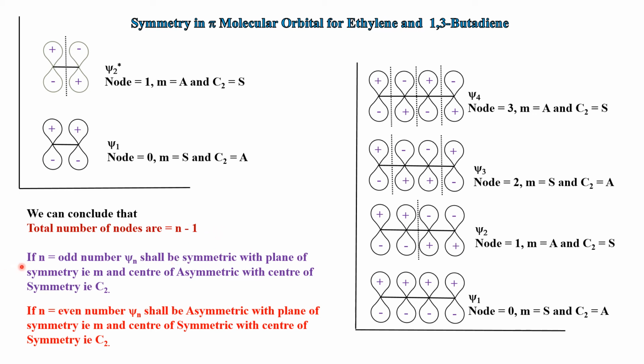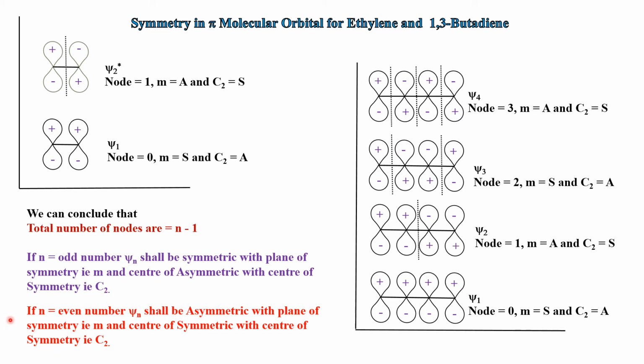If n number is odd, Xi n shall have symmetry with plane of symmetry, that is M, and center of symmetry will be asymmetric, that is C2.